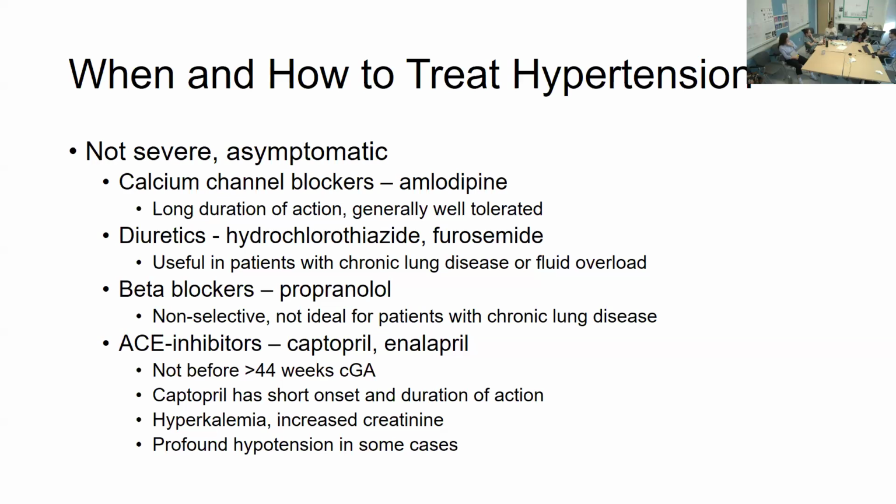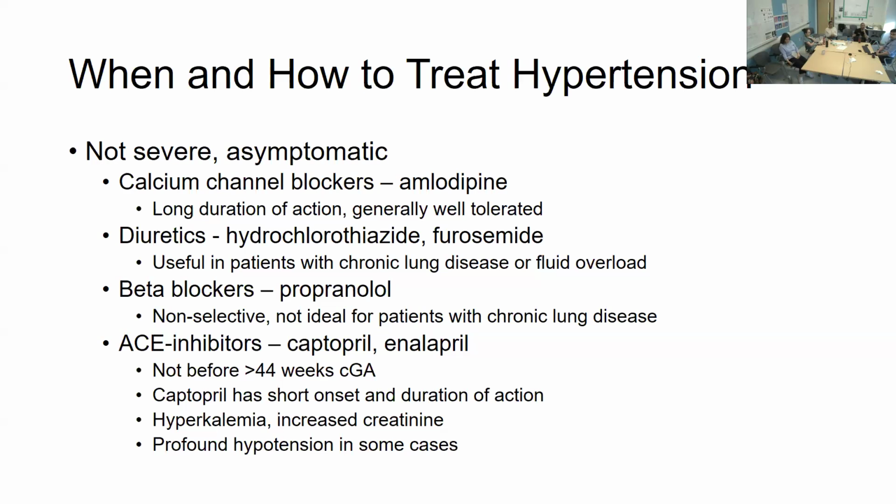I would discuss it with the team and see if there's really a concern about the negative inotropy with a calcium channel blocker, and then do we need to do something else? Is the age of the baby maybe more amenable to an ACE inhibitor, and would we be okay with that?